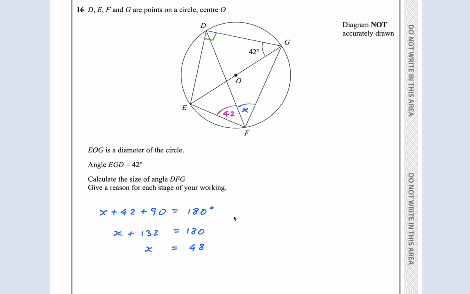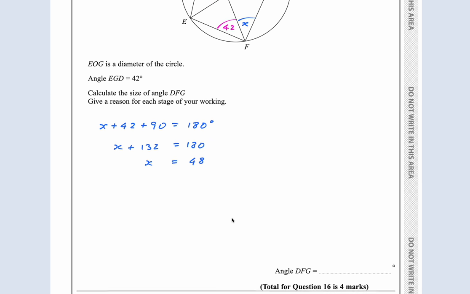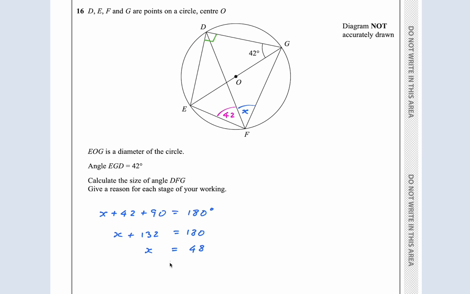So x is equal to 48. Now guys, I'm not going to write down all the reasons because I can't be bothered, but note, if there's 4 marks, you'd probably get 2 marks if you write what I write here. You have to explain why you did each thing. So you have to write this is 42 because it's equal to DG, because angles in the same segment.